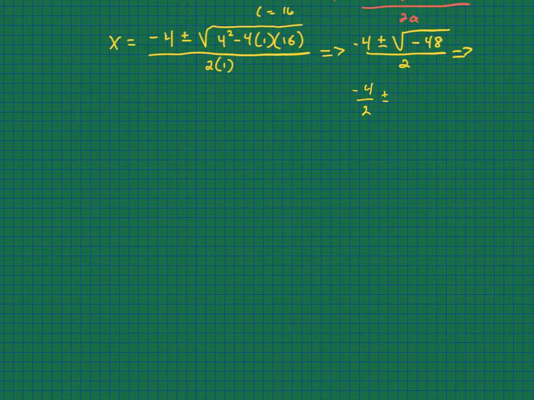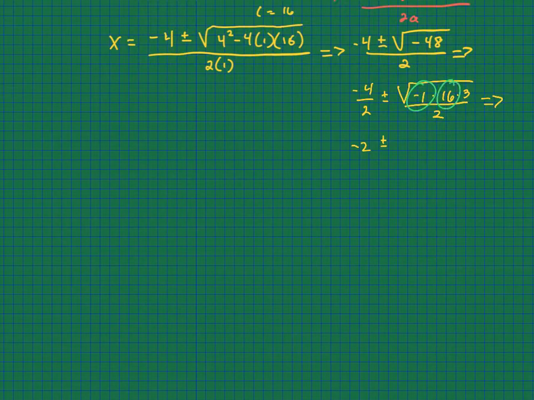So I know that the square root of negative 48 is going to be the square root of negative 1 times 16 times 3 over 2. And again, go ahead and simplify. This is going to be 2 plus or minus. We know that the square root of negative 1 is going to become i. We know that the square root of 16 is going to become 4.